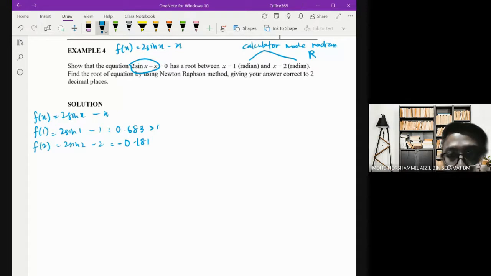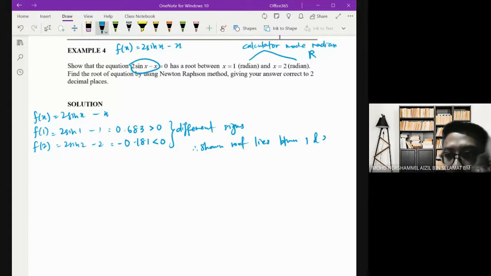So upper one is positive, lower one is negative. So conclusion, so the reason is different signs. That's why the conclusion is shown root lies between 1 and 2. Ikut je ayat step dia macam biasa.